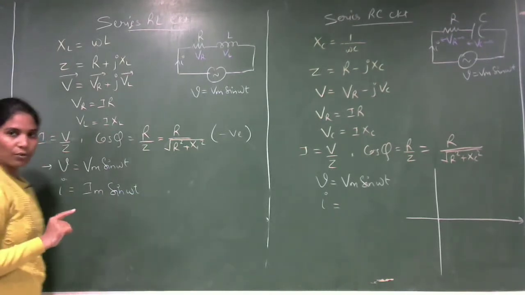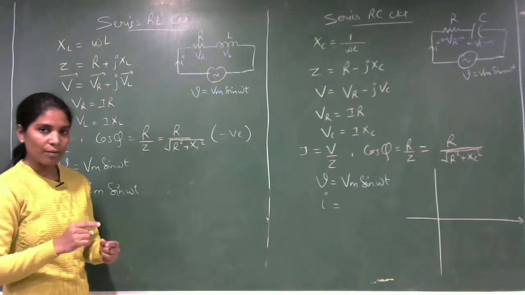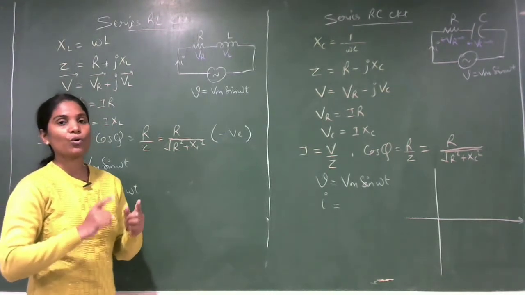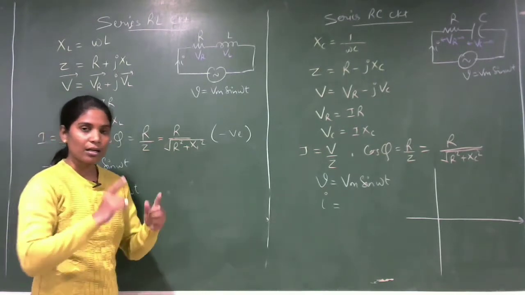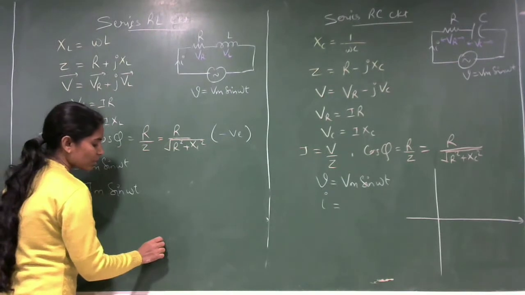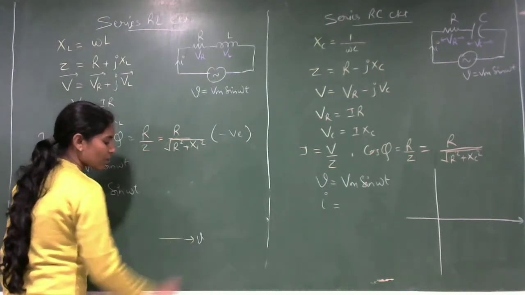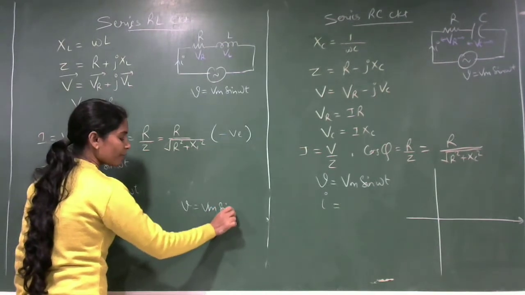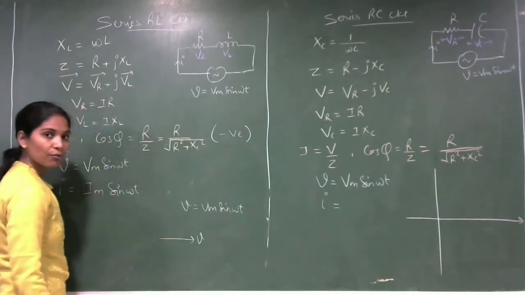Because we have seen one lecture, AC through pure R, pure L and pure C, where we saw the behavior of pure inductance when it is connected with the AC supply. Just remember, there we saw that if the supply voltage is taken as the reference with the equation Vm sin omega t, what is the nature of the current flowing through that?